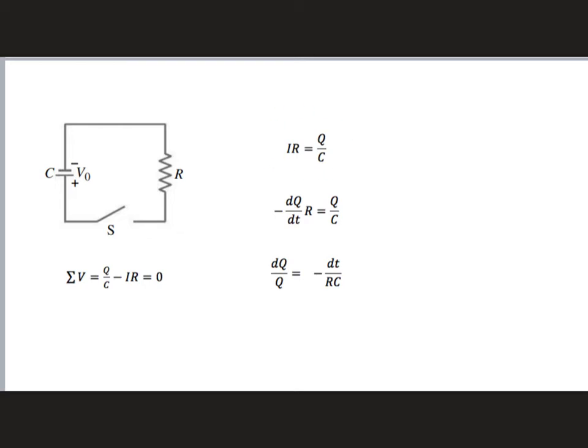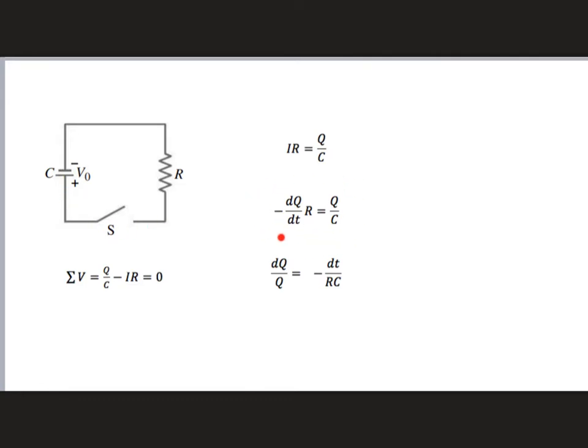Now, just like we did before, we're going to plug in the definition of the current, which is minus dQ over dt. Why is it minus? Basically because the current is changing in the negative way. It's decreasing. And so the capacitor is discharging, so there's less and less current going.